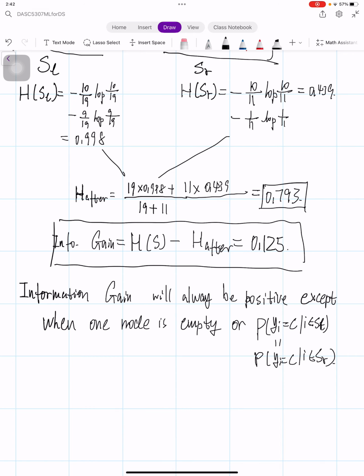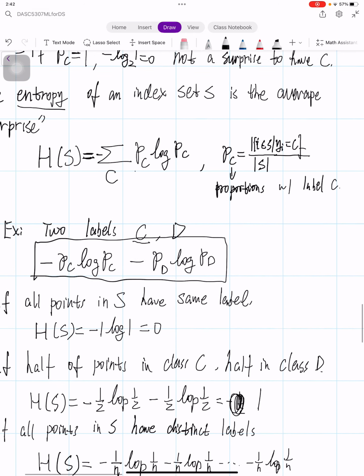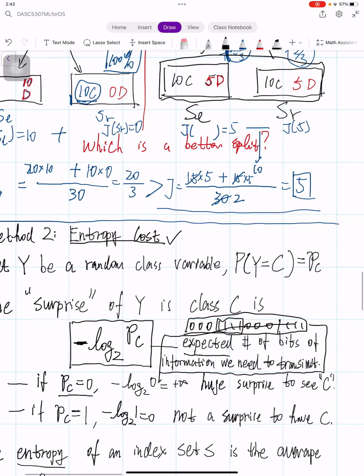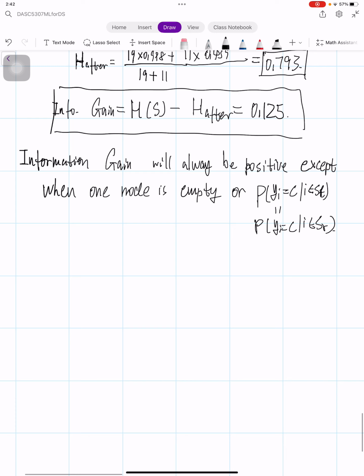So for example, in this case, if you calculate the gain for this split, you don't have any information gain, which means this is a bad split.